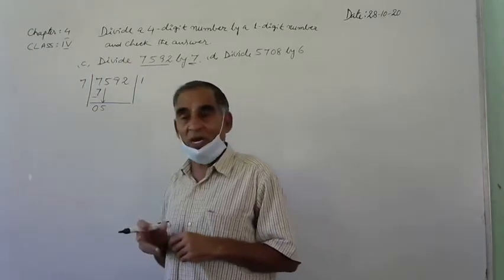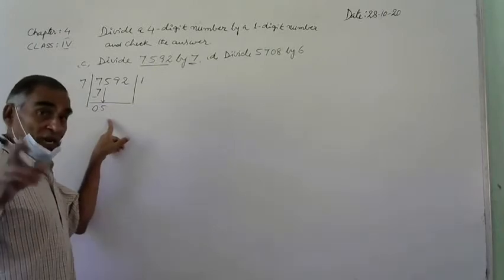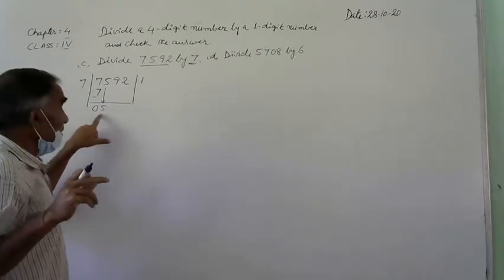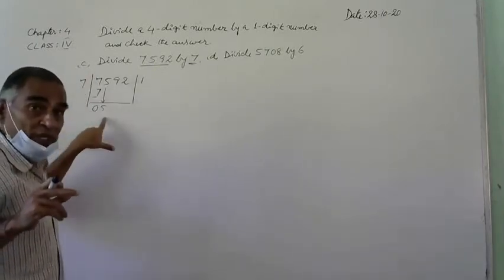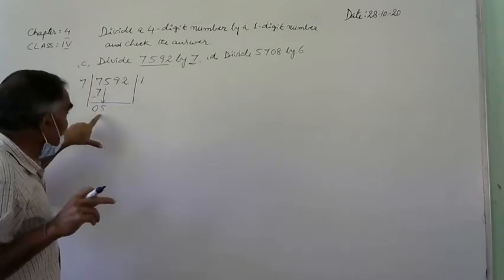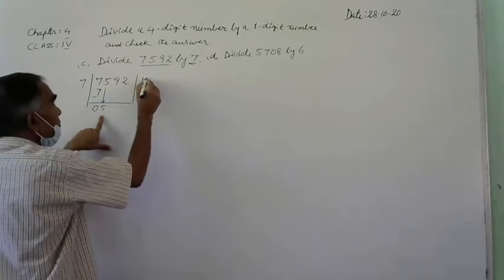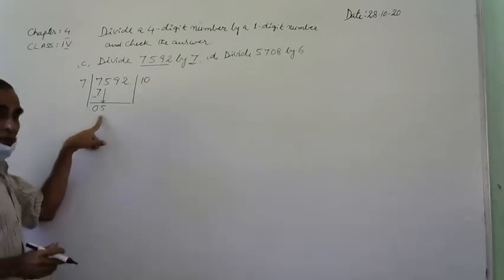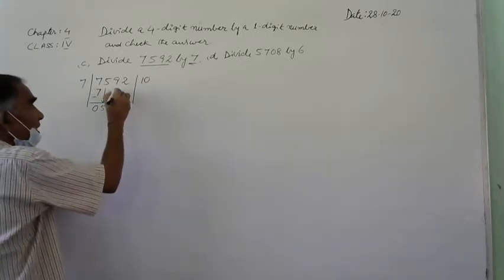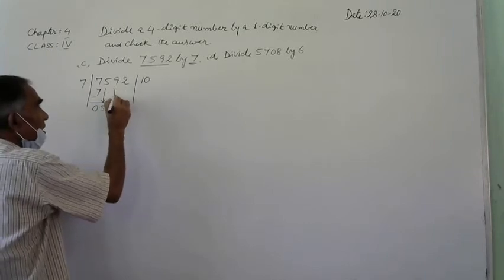No, 5 is smaller. When it is smaller, as in the last example I told you, after downing the number from the dividend, if it is smaller, you put 0. You understood? Now you down the next number. That is 9.